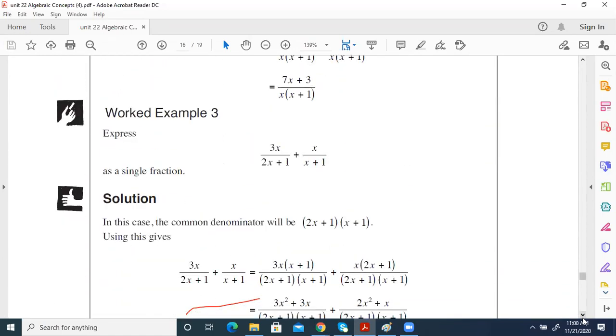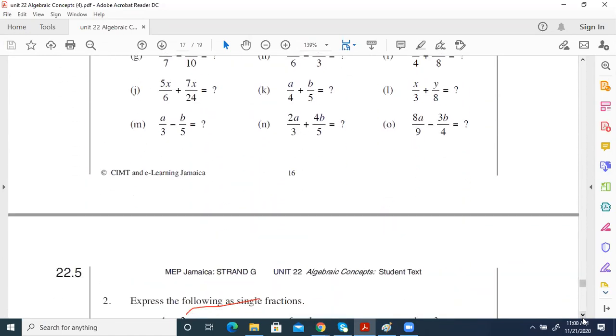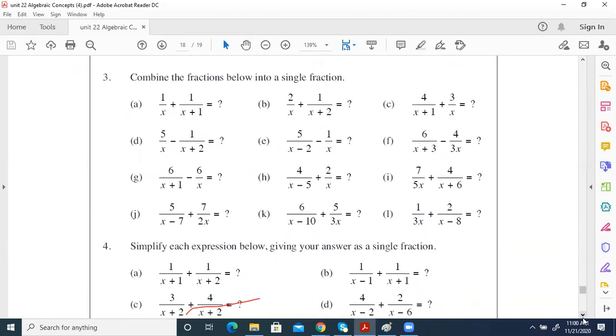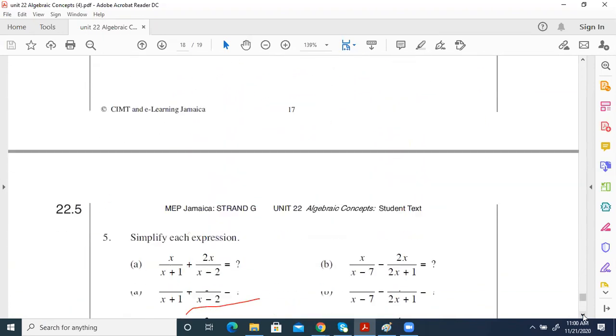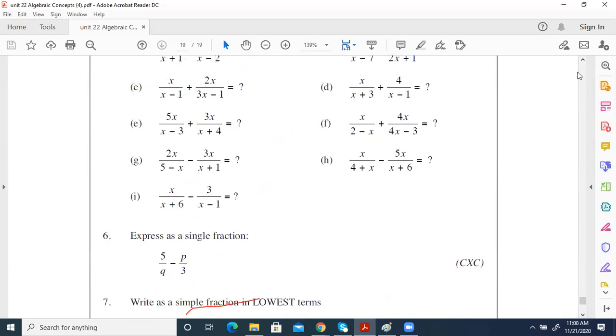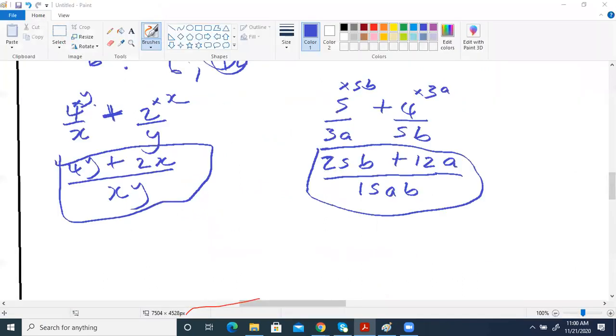You have the variables in the denominator, and then you have some with just single variables. So it gets interesting, but it's the same algebraic fraction. So let's go through the notes and see. So let's continue.